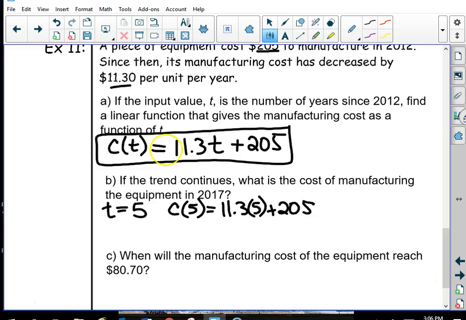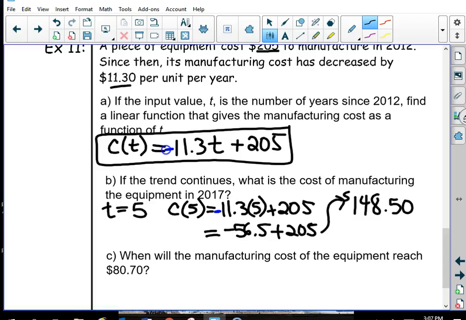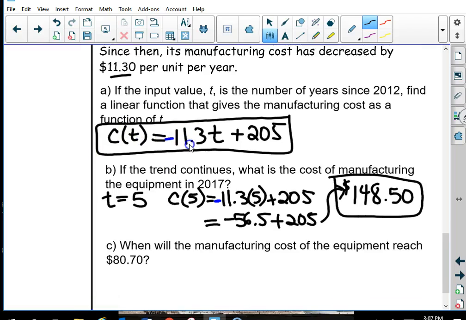It goes down. So that should be a negative. All right, corrected that. So when I do the calculations, I'll get negative 56.5 plus 205. When I put those two together, I get $148.50. So the $205 will decrease to $148.50.